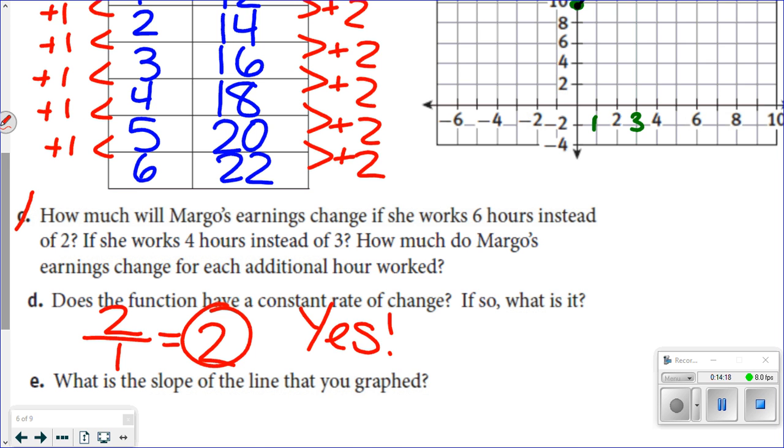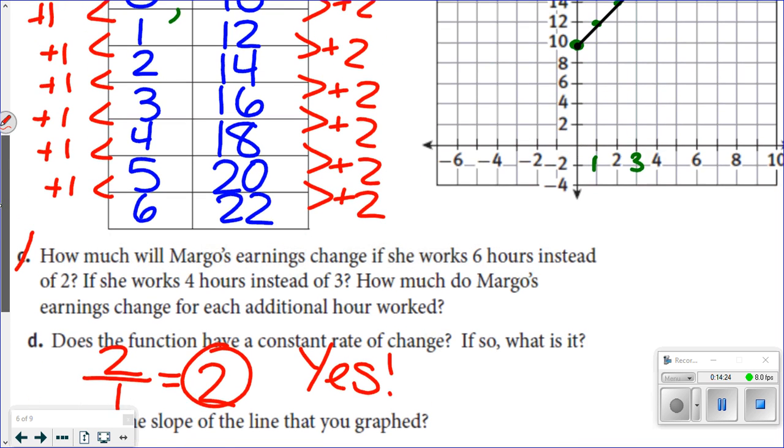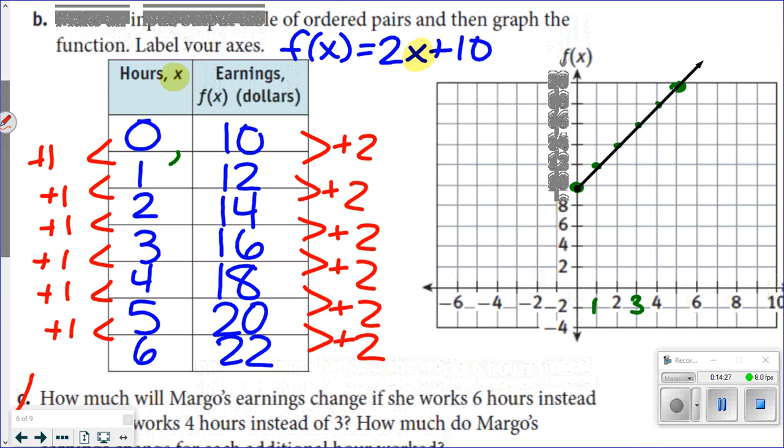All right, question E. What is the slope of the line that you graphed? So let's look at the graph, and remember, when we look at our graph, we are going to count rise over run. I could use this point to that point, or this point to that point.